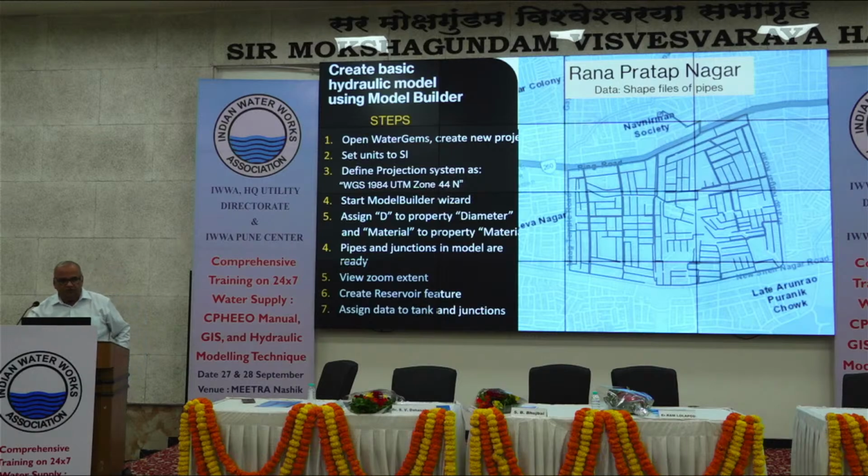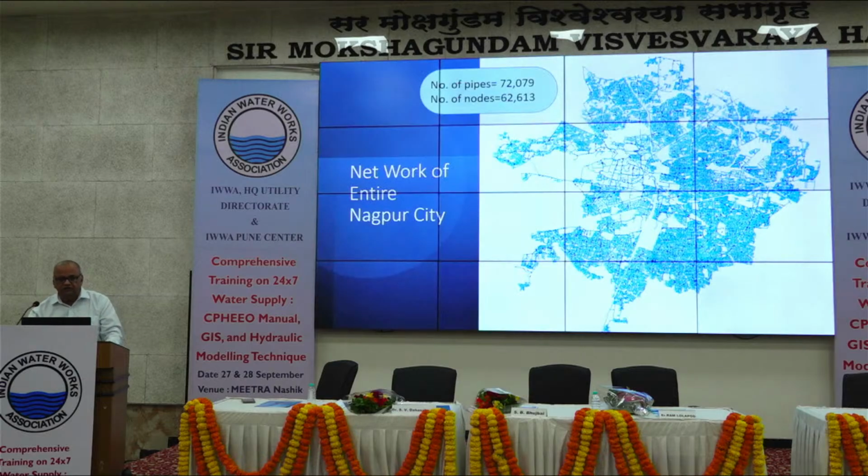This we will be doing. And using the shapefile which we earlier created, define the projection system as this one, start ModelBuilder, assign the diameter to both your model as well as GIS data, and then we have to create this model. I will show you the steps. In this way we created the network for Nagpur.